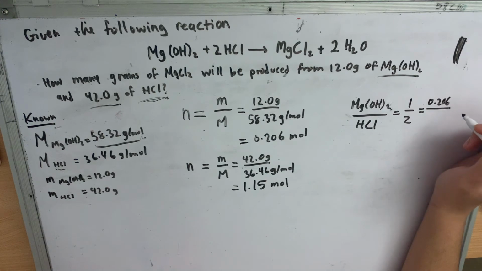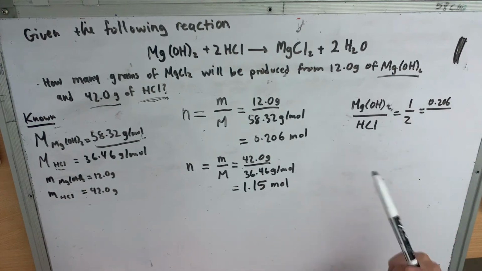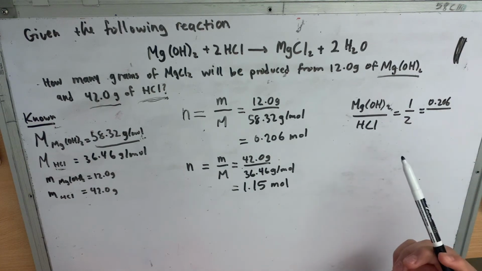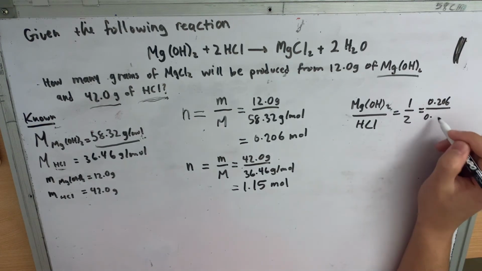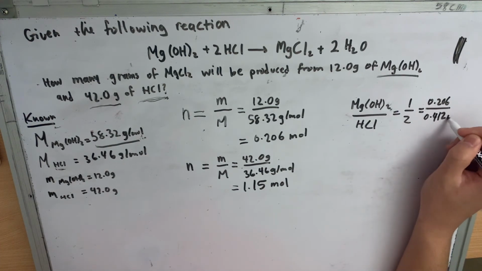Then let's figure out how many moles of HCl we need in order for this reaction to be perfect. 0.206 times 2 divided by 1, cross multiply, and you have 0.412 moles.